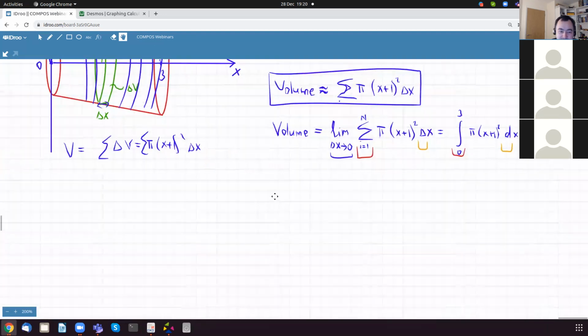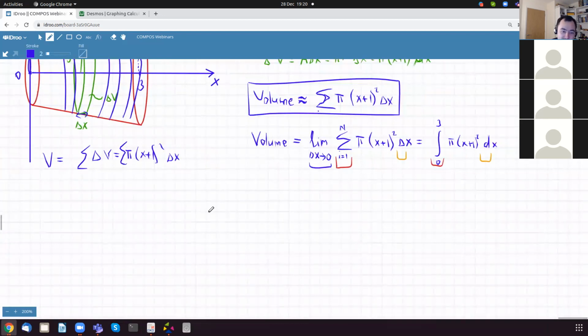So the volume is equal to the integral from 0 to 3. Take the pi out, it's a constant. Integral is linear, so you're allowed to take that. You expand this, so x squared plus 2x plus 1 dx.